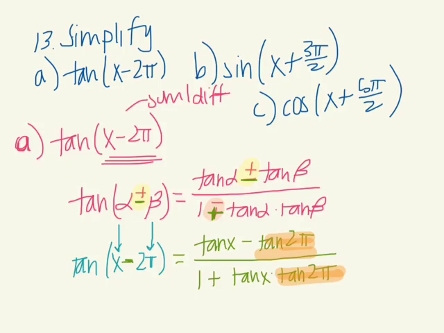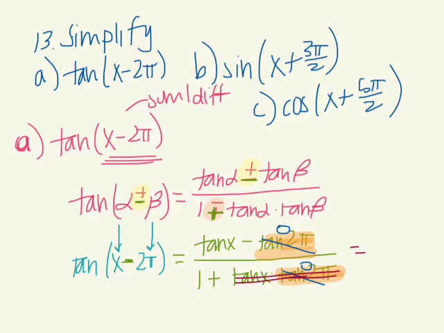So really up top we have tan x minus 0, and on the bottom we have 1 plus tangent x times 0. Zero times anything is just 0, so this whole expression here goes away.